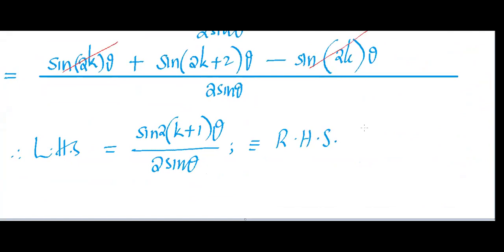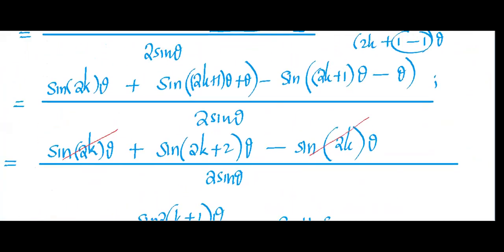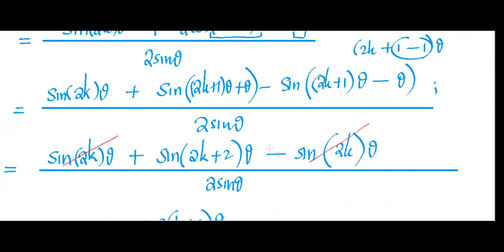So how have you got the sine of 2k plus 2 theta? On adding those thetas, theta plus theta. Okay, let me show it to you here. Expand here, 2k plus 1 plus 1. I've put out theta.